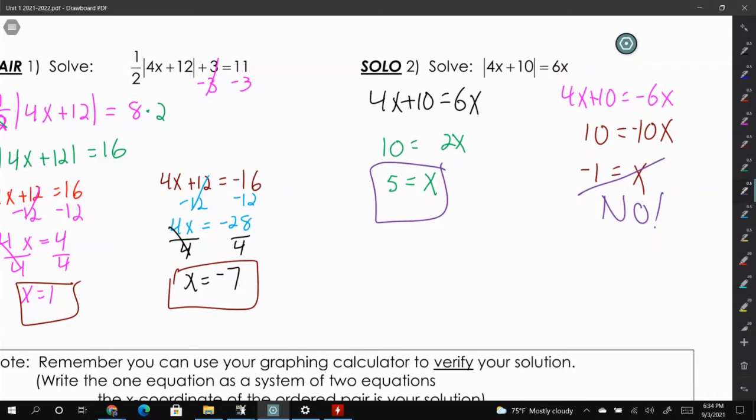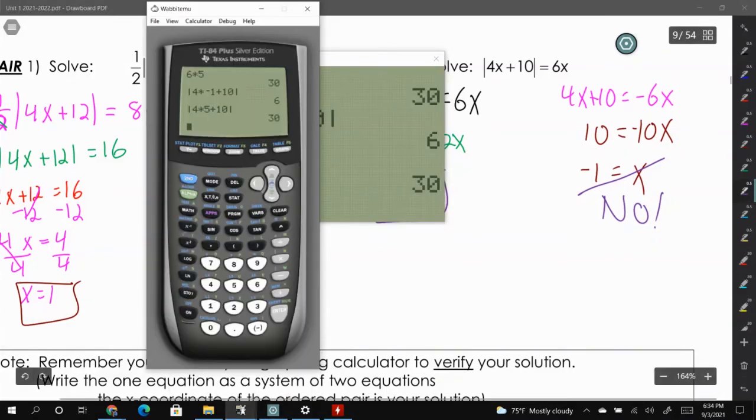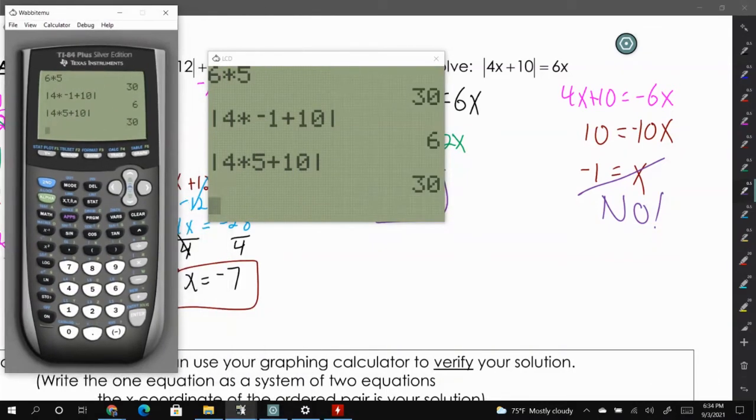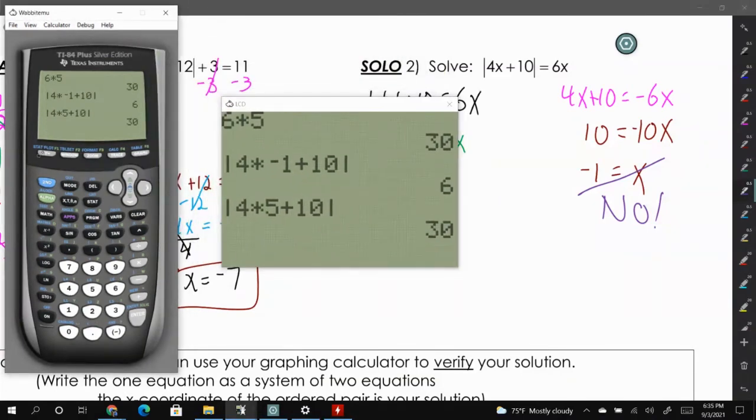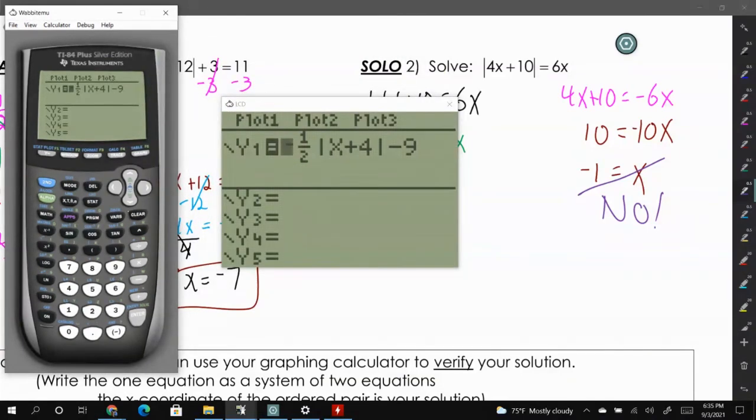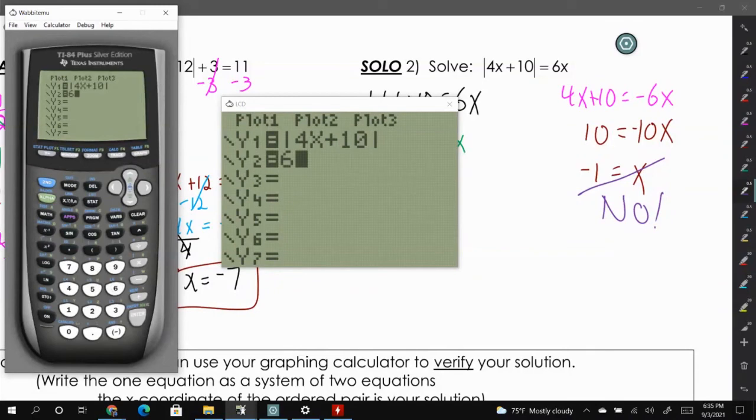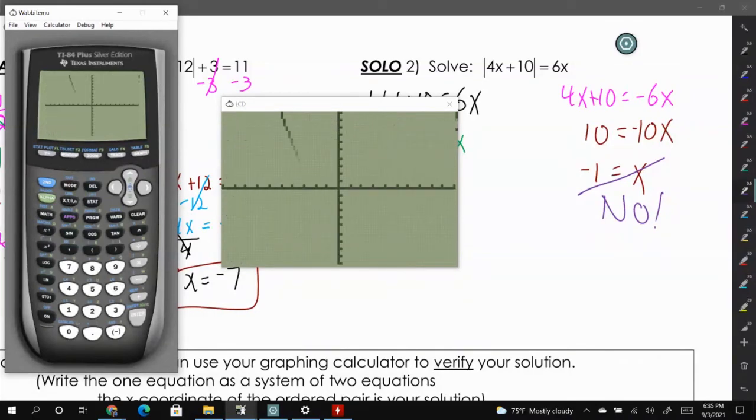Let's try those steps with this here. In my graphing calculator, I'm going to graph the left side, 4x plus 10, and in y2, I'm going to graph 6x. And then graph.